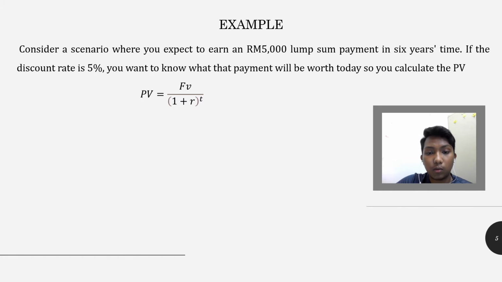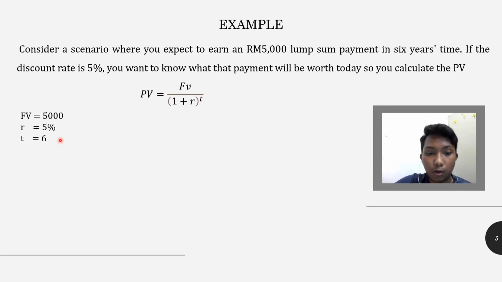After that, we'll identify all the information stated in the question. So first, 5,000 ringgit, which is the future value, and then 5% discount rate, which will be r, and last t, which is 6 years.